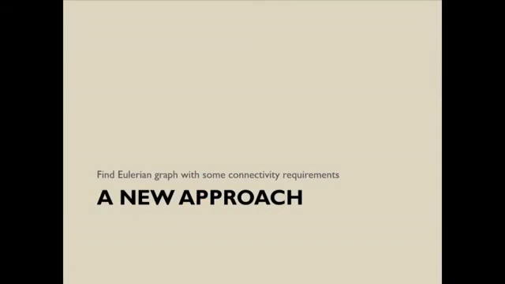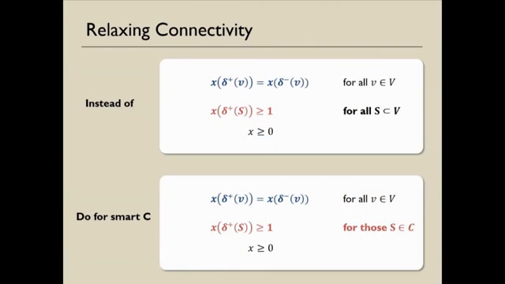Okay? All right, so what's our new approach? Okay, so remember how we presented it: we have an LP with a blue set of constraints and a red set of constraints, and we got the two approaches by dropping one of them. So what we will now do is keep the blue constraints, but also keep a subset of the red constraints.